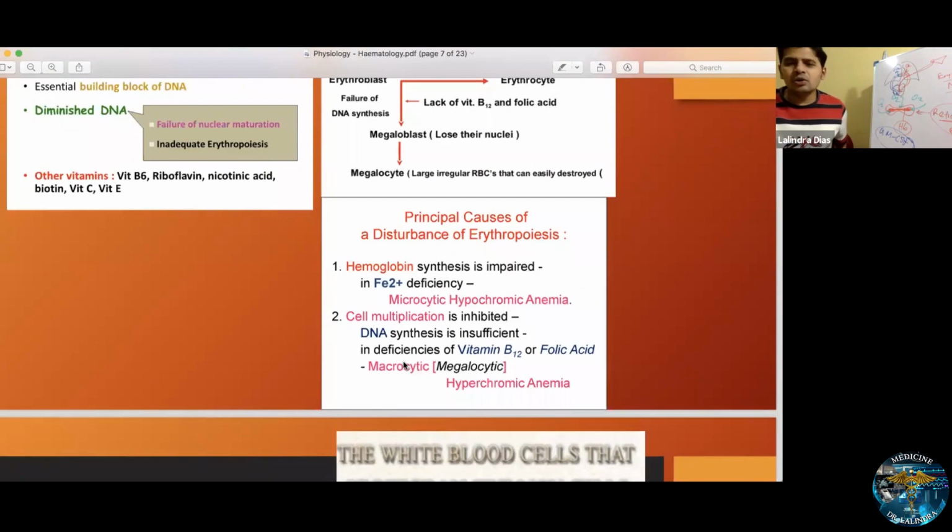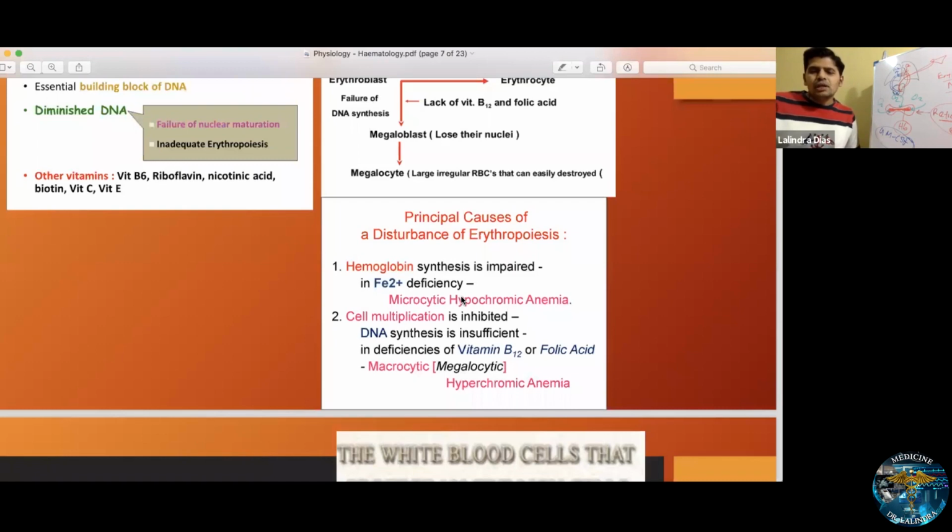So the principal causes of a disturbance of erythropoiesis I have mentioned there. Hemoglobin synthesis is impaired in iron deficiency. We all know that. Hemoglobin production is markedly affected. Why? Because that is the main component of your red cells. So hemoglobin synthesis is greatly affected in iron deficiency anemia, because that produces microcytic hypochromic anemia.